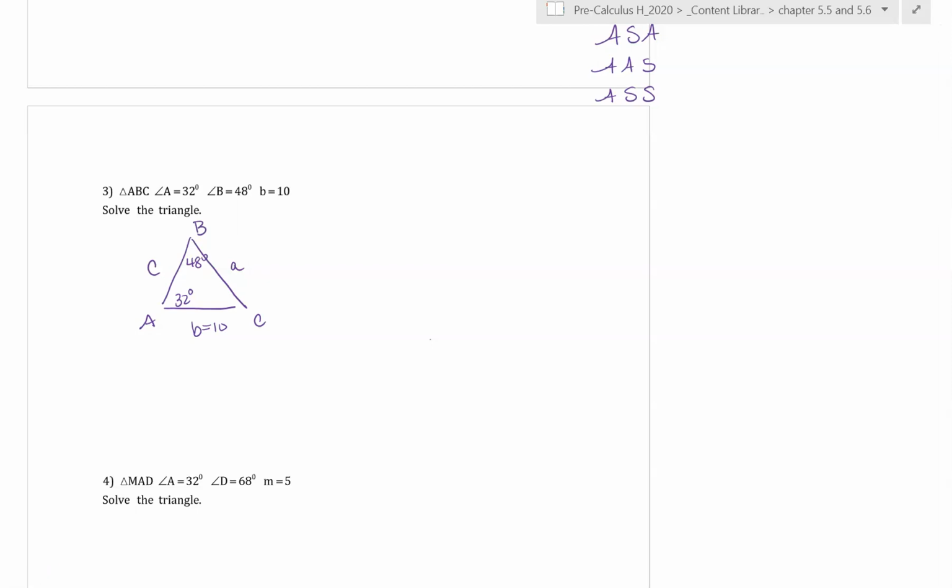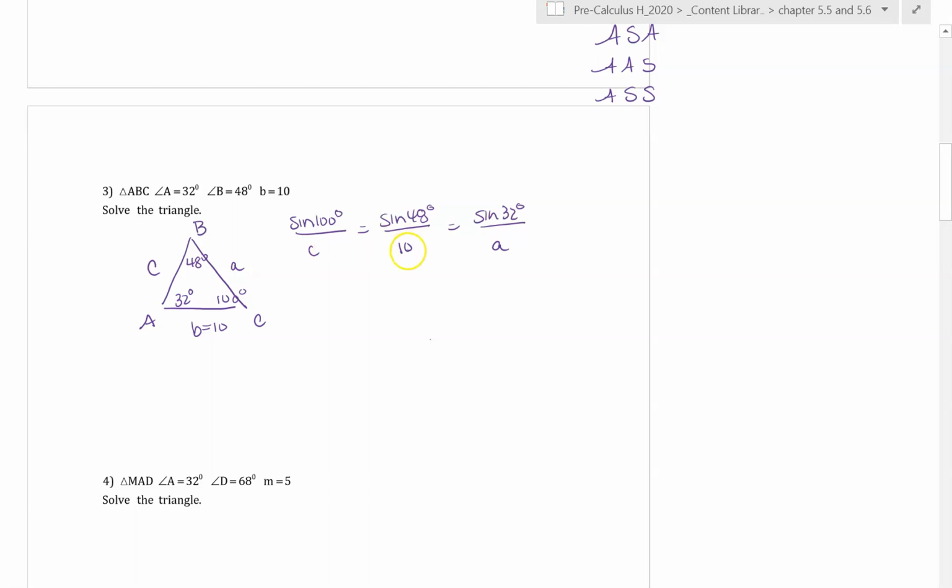Okay, so notice that we have all of the angles. When you add up the three interior angles of a triangle, they add up to 180. So we know that angle C is 100 degrees. So you could say the sine of 100 degrees divided by C is equal to the sine of 48 degrees divided by 10 is equal to the sine of 32 degrees divided by A. So now we need a proportion.